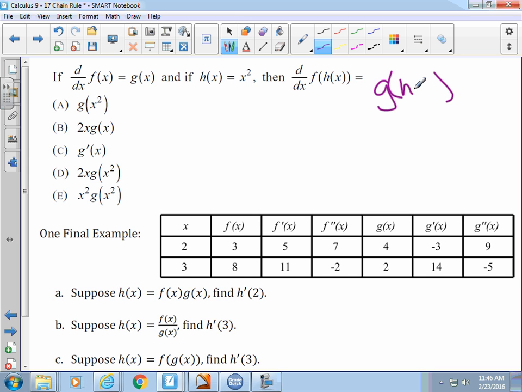H of x. Okay, so that's the derivative of the outside times h prime of x. Everyone agree? Well, what is h? So x squared, what's the derivative of x squared? So D is the correct answer on that one.